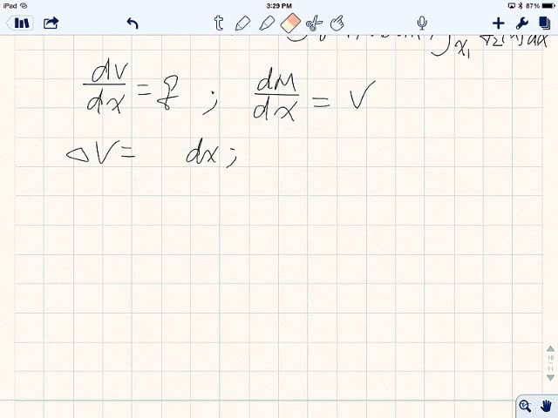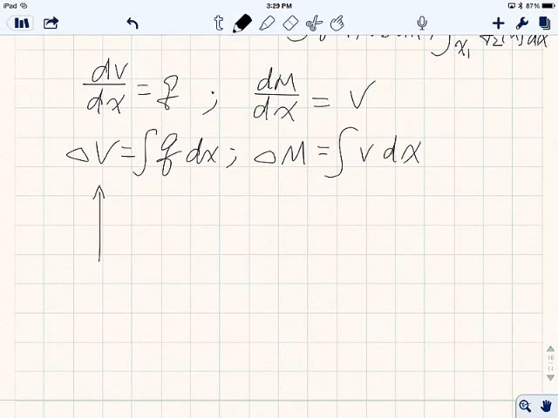And a change in moment equals the integration of V. So, let me give you an example.